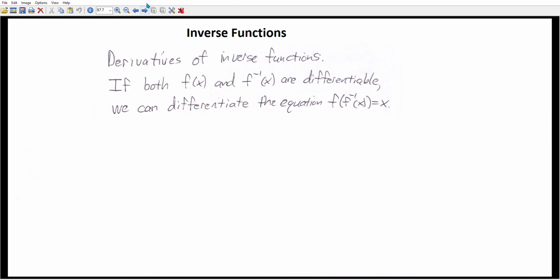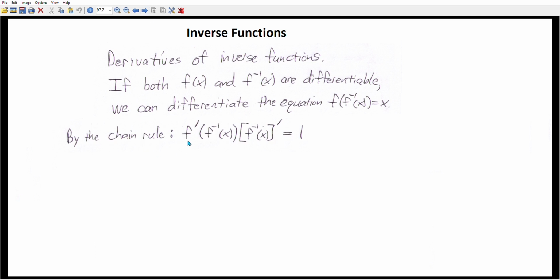So the next thing to talk about is the derivative of an inverse function. If both the function and the inverse are differentiable, we can find out about the relationship between them by differentiating the equation f of f inverse of x equals x. Okay, we do this using the chain rule.